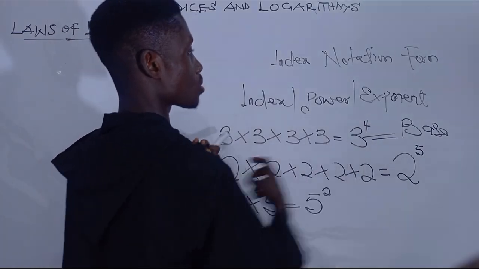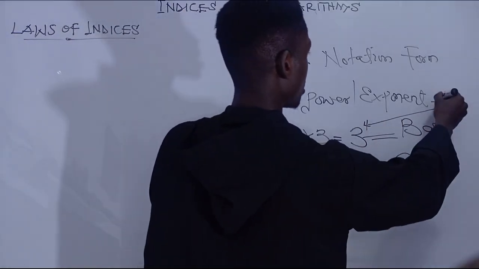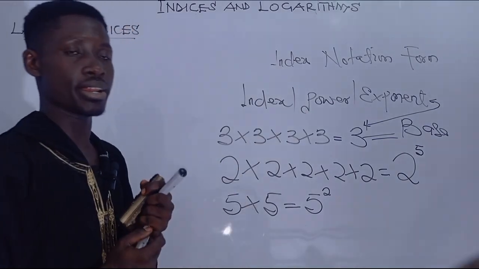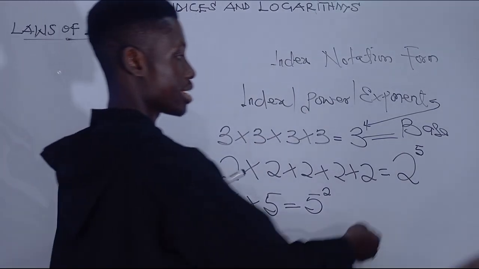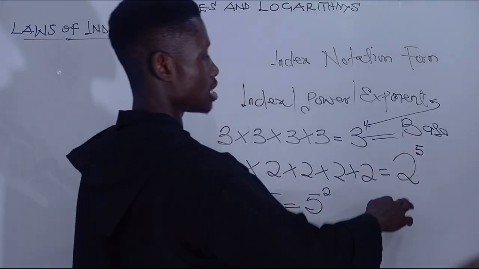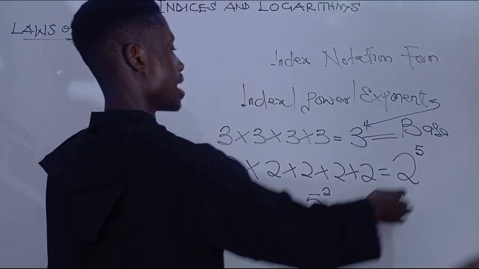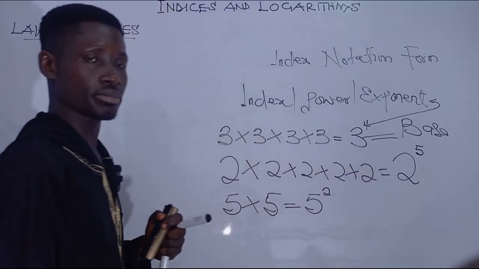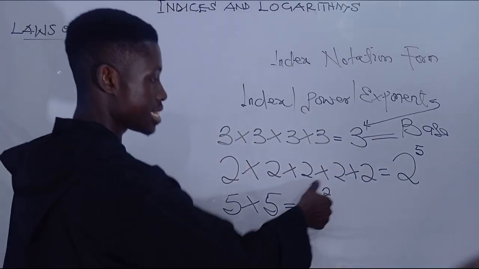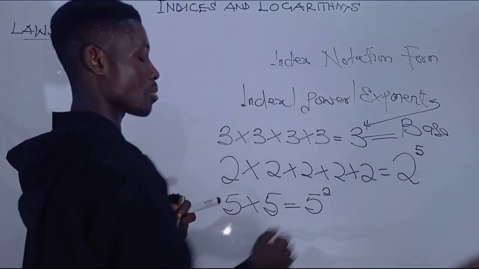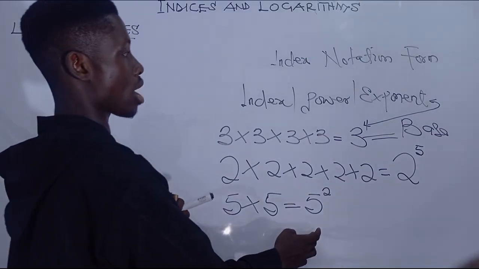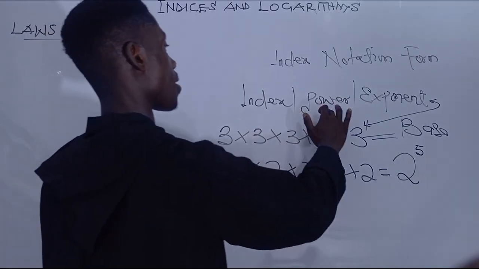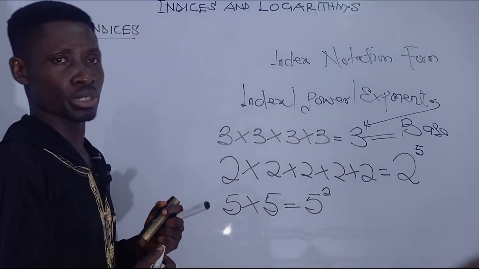And then the 4 becomes the exponent, the power, or the index. Similarly, in 2 raised to the power 5, the 2 becomes our base, and then 5 becomes our index, our power, our exponent. Similarly, in 5 raised to the power 2, 5 becomes our base, and then 2 becomes our index, our power, and then our exponent.